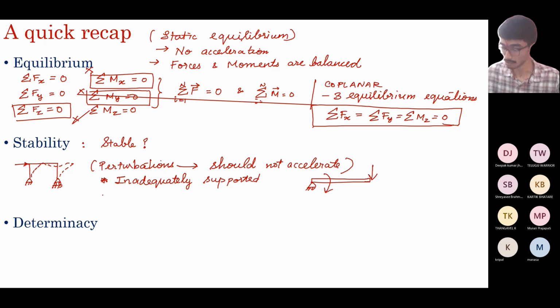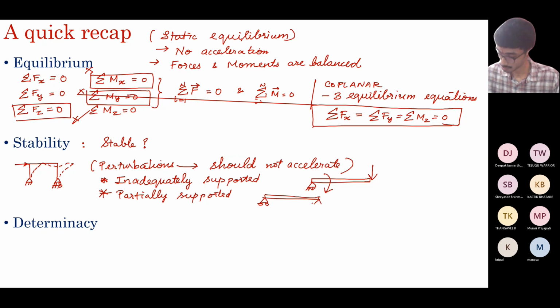So this is inadequately supported or partially supported. For example, this case. In this case, the structure can very well be in equilibrium, but if you slightly perturb, if you apply a small horizontal force, it is going to accelerate in this direction. So this is not stable.